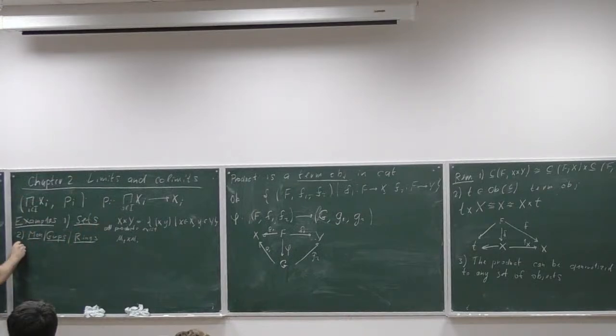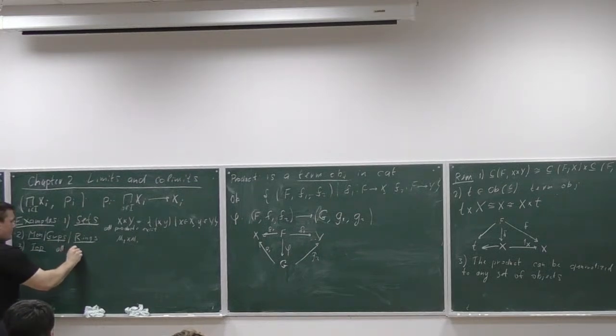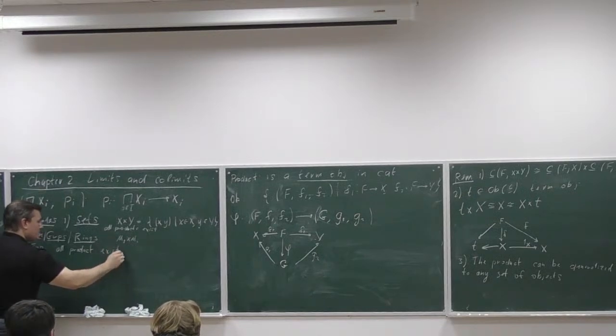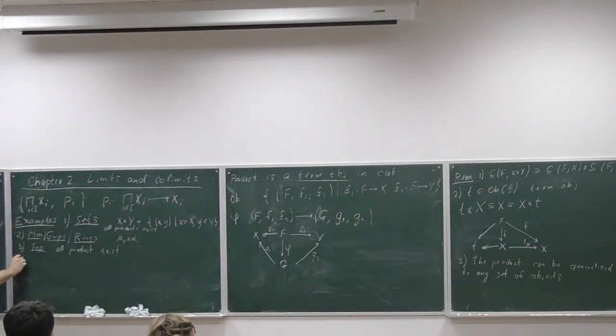And if you consider, for example, topological categories, again, all products exist. Now, an interesting example is the category of metric spaces. What metric spaces do I want to take? Well, I think Lipschitz will be fine.